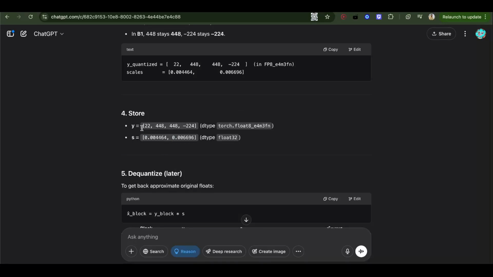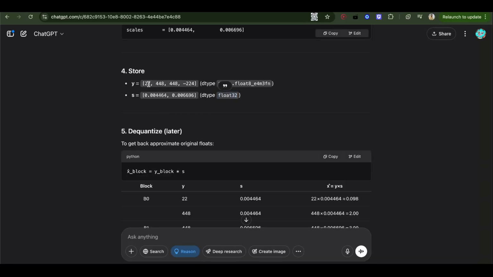But you see, the entire block gets one scale in a float 32, and one block in DeepSeek has 128 elements. So now we are just storing one scale instead of 128 elements in float 32, or those elements would be in float 16.